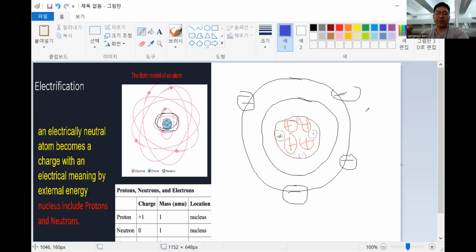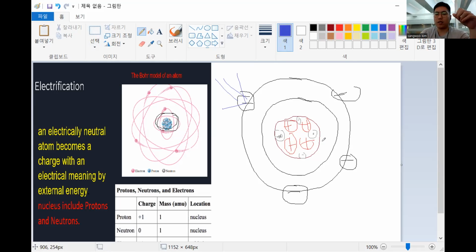First of all, initially, this atom is electrically neutral. But because of external power, like heat or wind, or physical power, I will explain more. Because of some external power, it affects the atom and makes it have electrical energy.